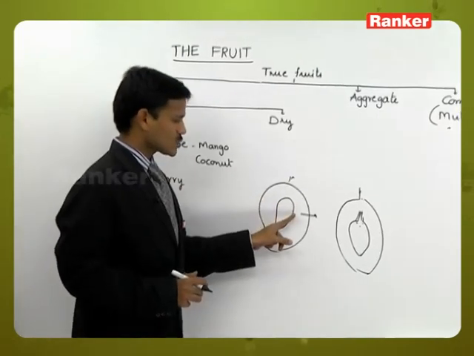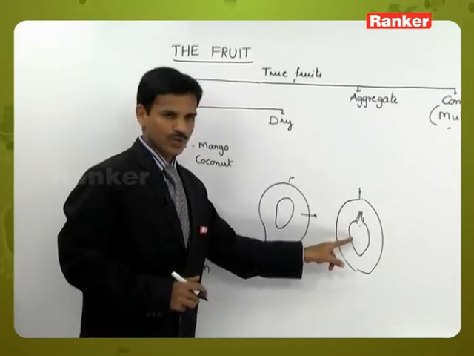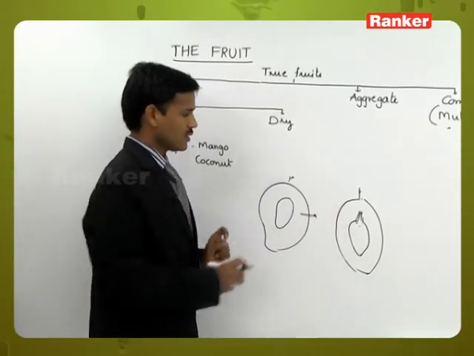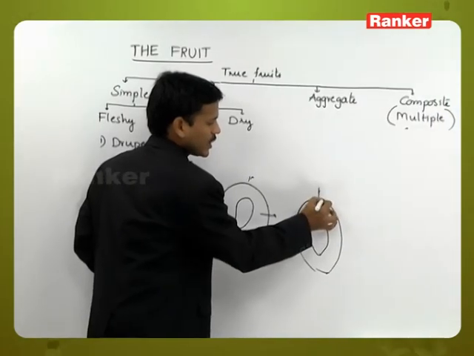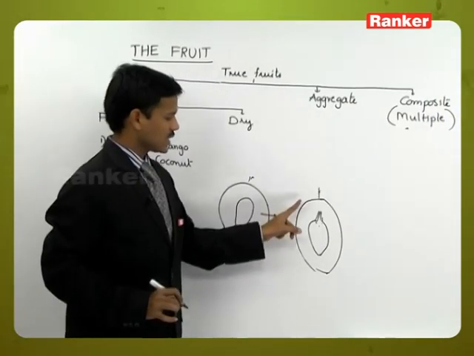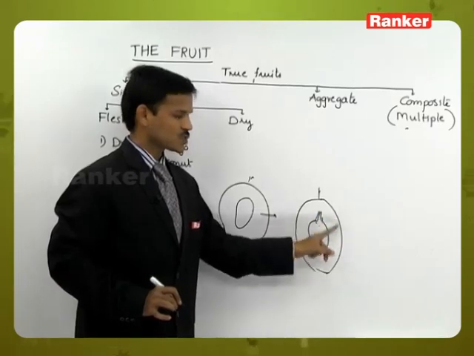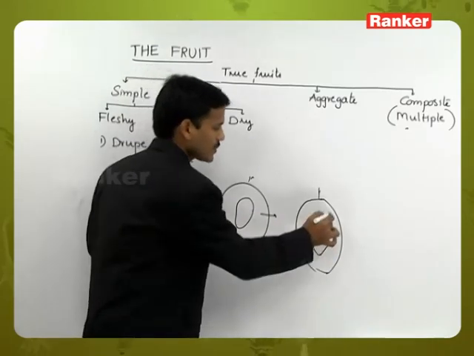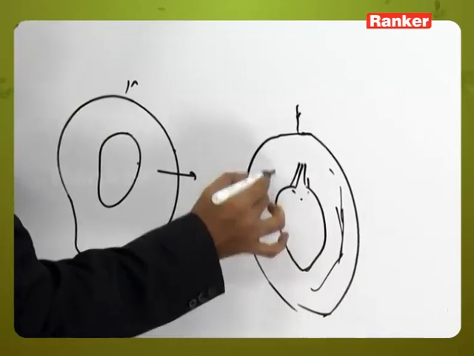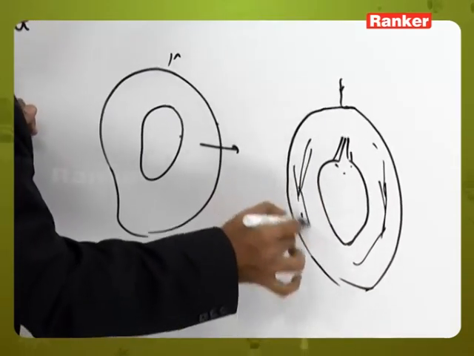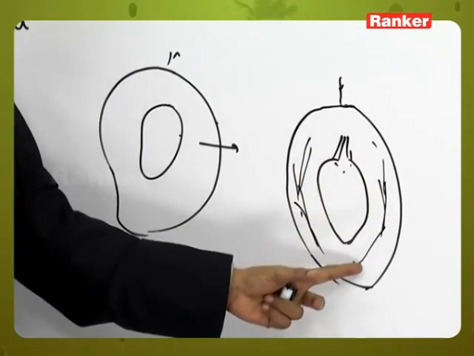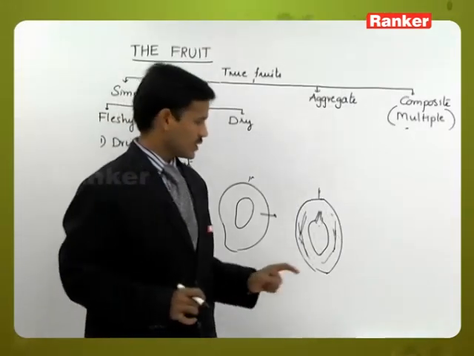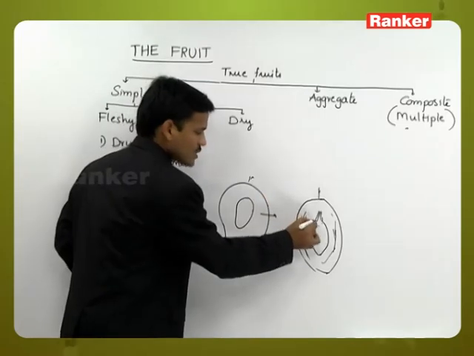Here also the endocarp is stony, hard stone-like endocarp is present. The epicarp is skin-like, very leathery, smooth. And the middle mesocarp is fibrous, or coir. Coir is obtained from the middle mesocarp. So it is commercially important. And the inner endocarp is stony.